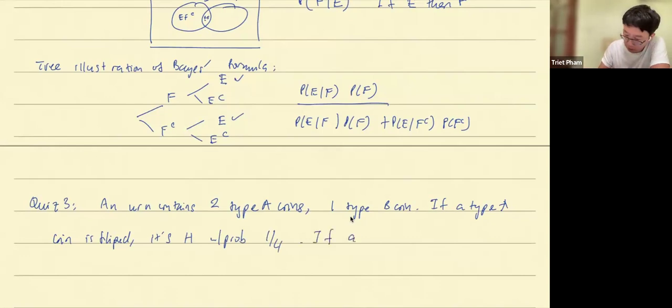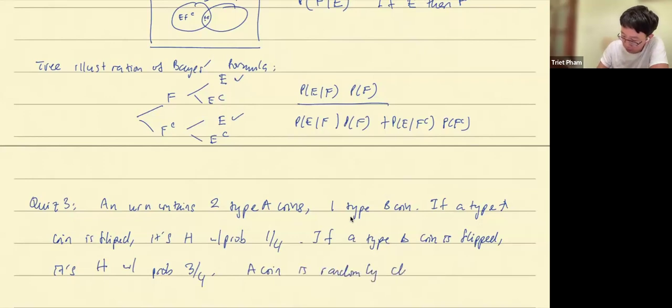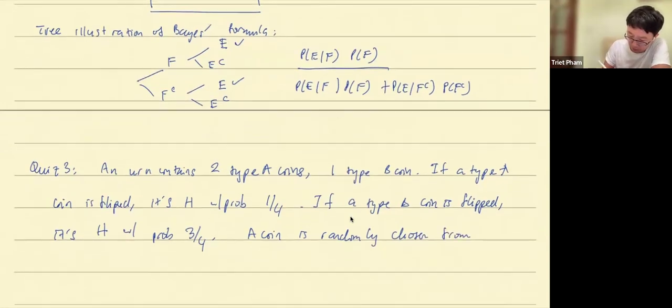If a type B coin is flipped, it's head with probability 3/4. A coin is randomly chosen from the urn and flipped.